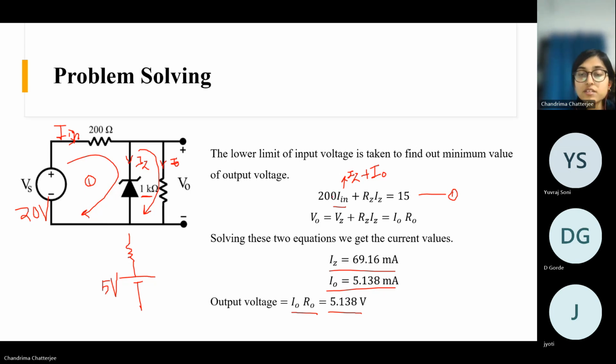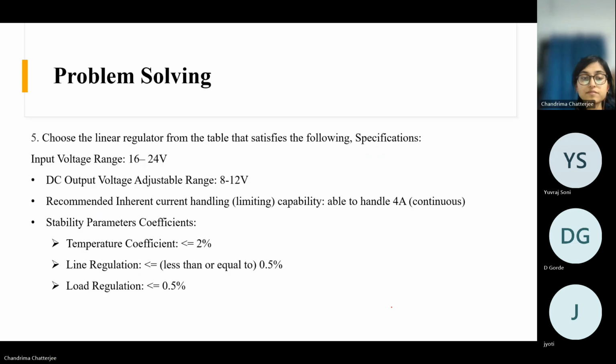Okay, let's go to the next problem. So here some parameters are given. Choose the linear regulator from the table that satisfies the following specifications. The input voltage range is 16 to 24 volt.